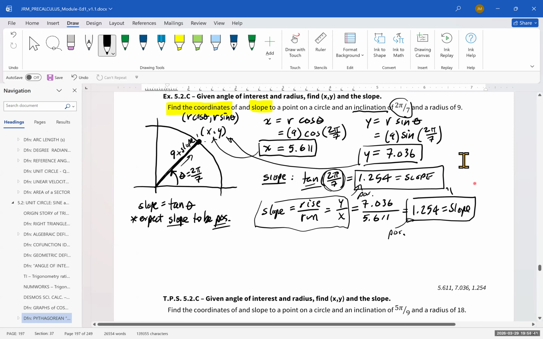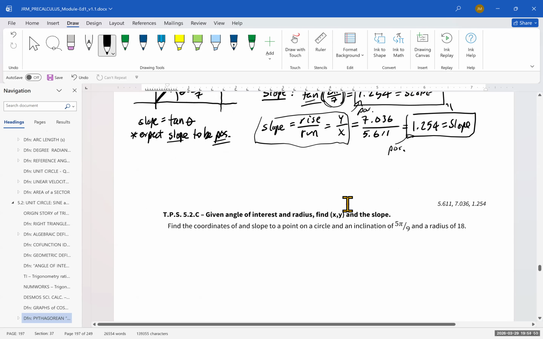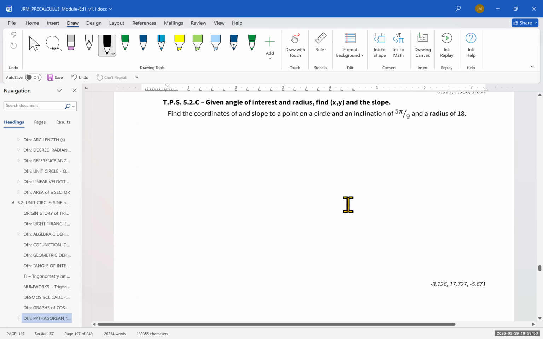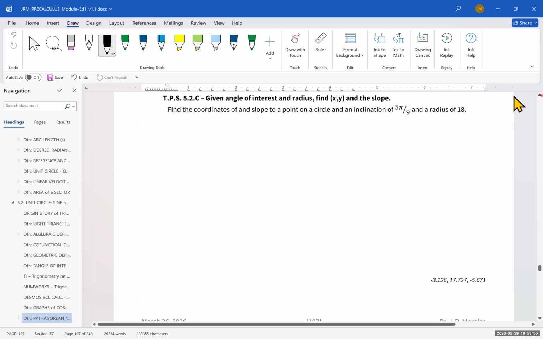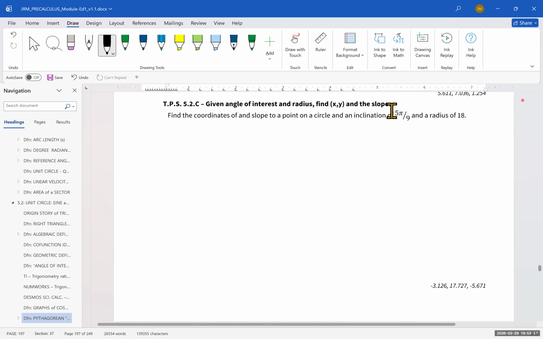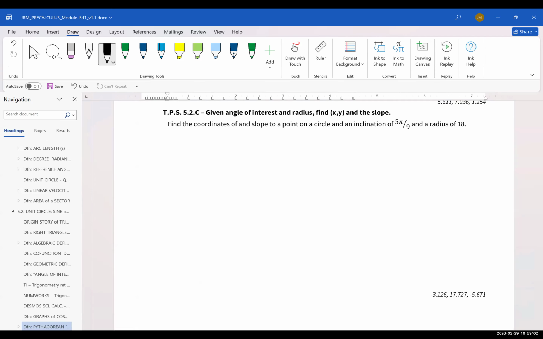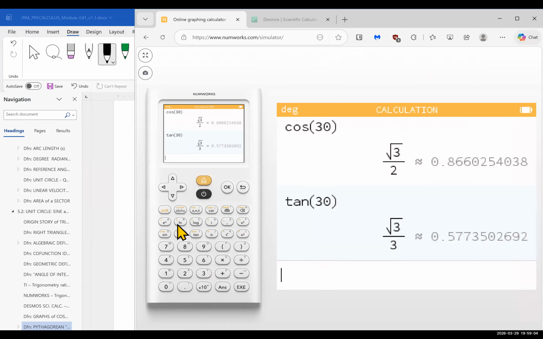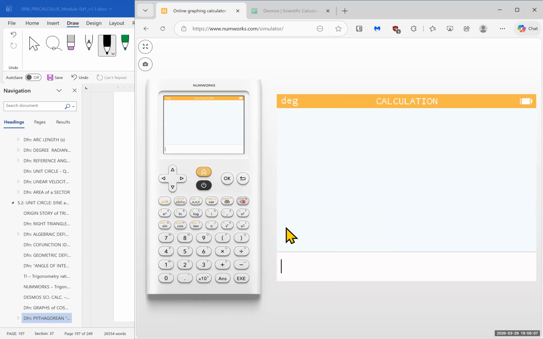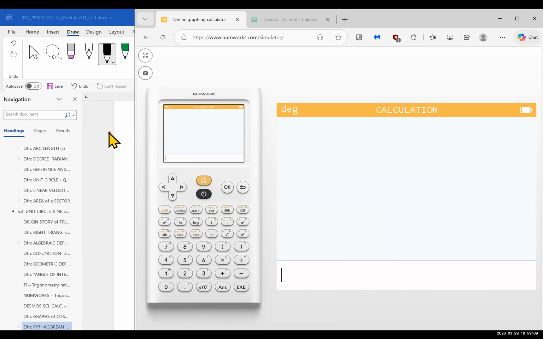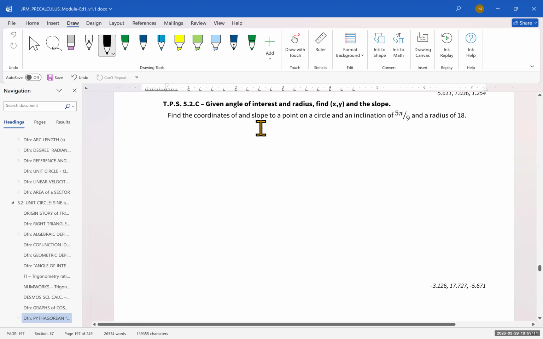Okay, so now that I've shown you how to do it here, go ahead and give this a try on your own with this next think pair share. I think maybe I'll use the NumWorks calculator for this one. That should still be shared. Okay, let me clear this out and get that one ready. Go ahead and pause, give this a try. Resume if you need some help.